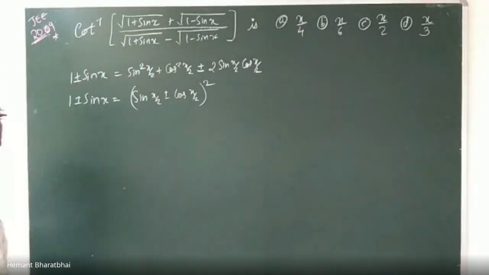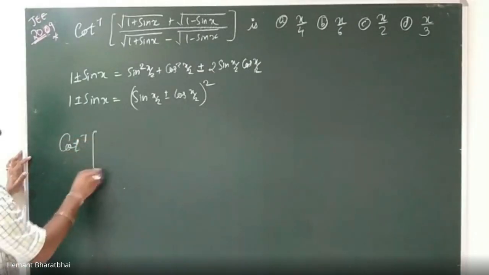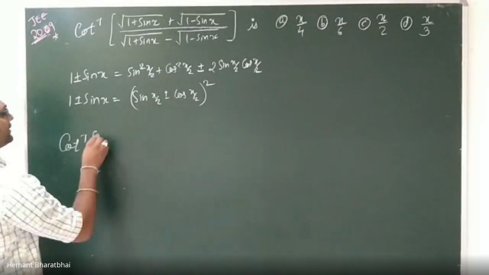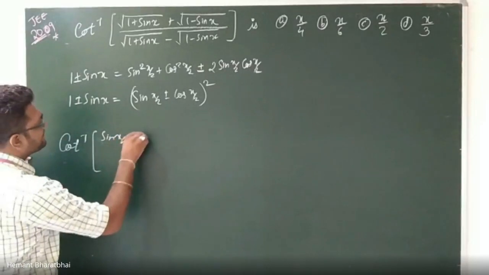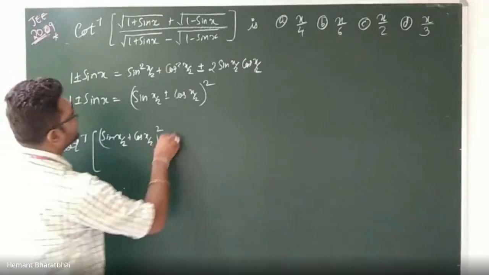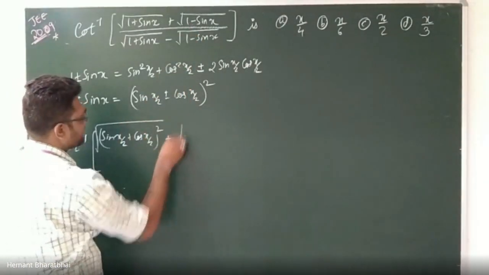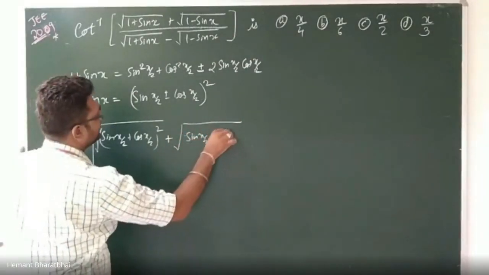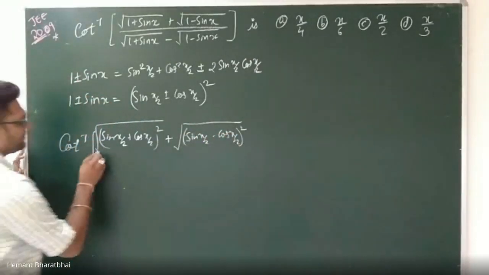So I can substitute these values, and I get cot inverse of, instead of under root of 1 plus sin x, sin x by 2 plus cos x by 2 the whole square, plus, instead of 1 minus sin x, sin x by 2 minus cos x by 2 the whole square.